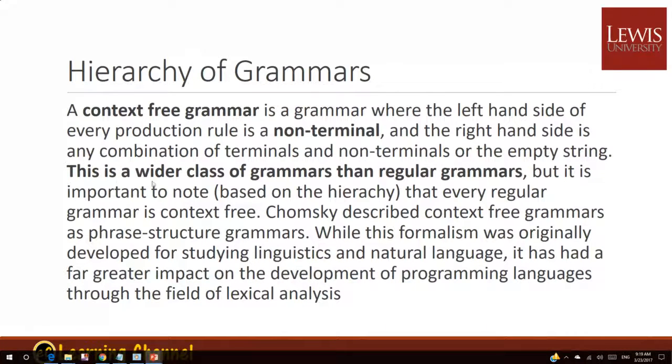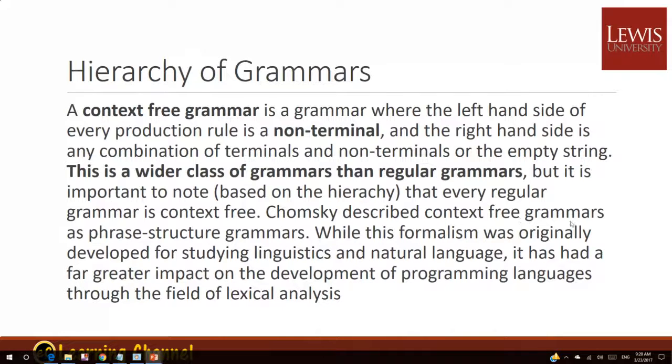This is a wider class of grammar than the regular grammar. We will introduce regular grammar later, with this definition shown in more detail. But remember, the main topic in this chapter will be the context-free grammar. But it is important to know that every regular grammar is context-free because it is a subset of it.